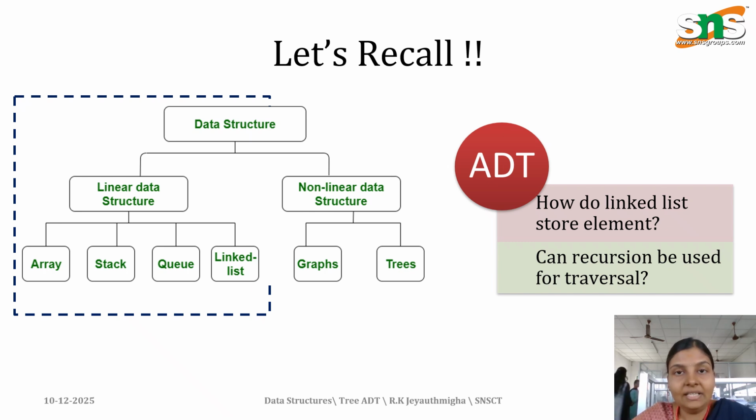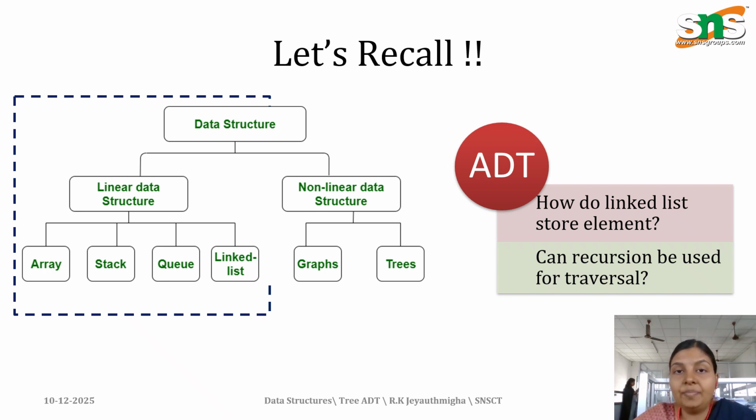Let's recall data structures. We have linear data structures, which are sequential, and non-linear data structures. Array, stack, queue, and linked list are linear data structures. Graphs and trees are non-linear data structures.